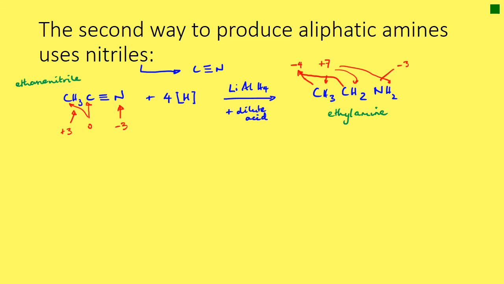And because it's reduced, in this case we're adding 4 hydrogens, and what we get is ethylamine. So you've got the same CH3 group, but now you've fed a lot of hydrogens onto that triple bond. So you've got CH2 and NH2, and that is called ethylamine.